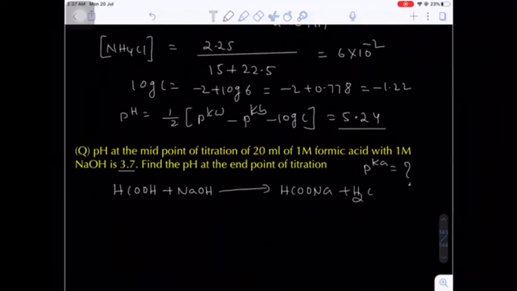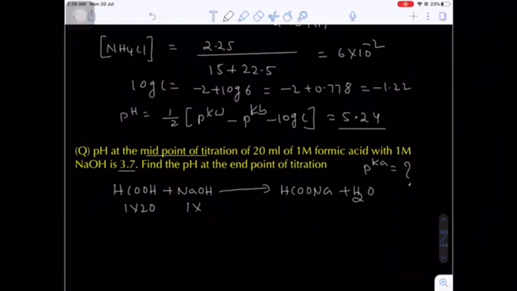Formic acid and sodium hydroxide give sodium formate plus H2O. Now here what is the formic acid molarity given? 1 molar and volume given 20 ml.